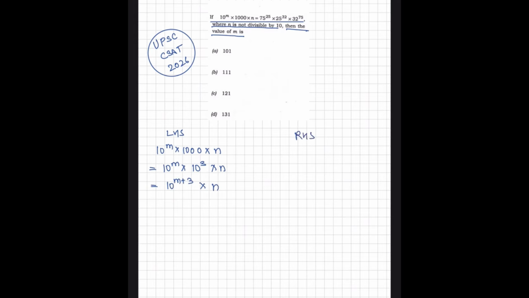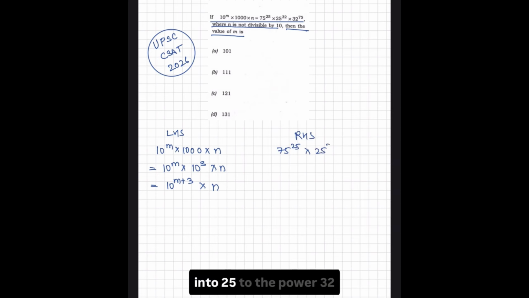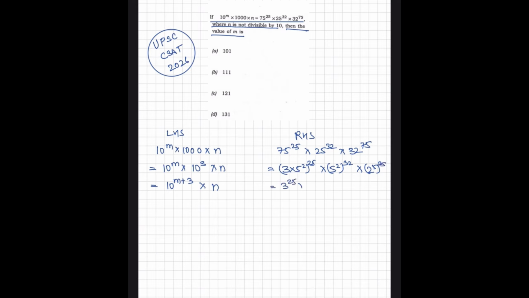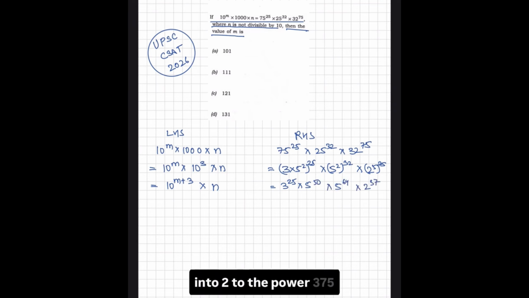RHS is 75 to the power 25 into 25 to the power 32 into 32 to the power 75. It can be written as 3 into 5 square to the power 25 into 5 square to the power 32 into 2 to the power 5 to the power 75. This can be written as 3 to the power 25 into 5 to the power 50 into 5 to the power 64 into 2 to the power 375.